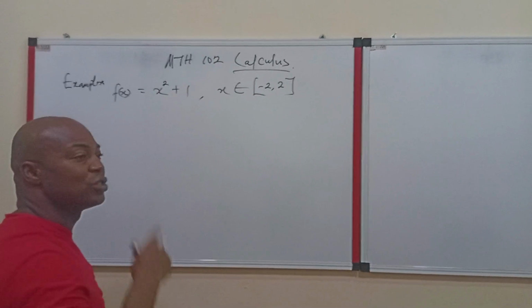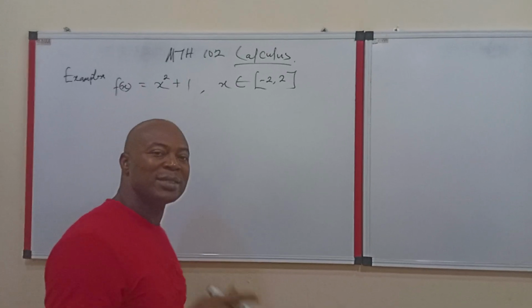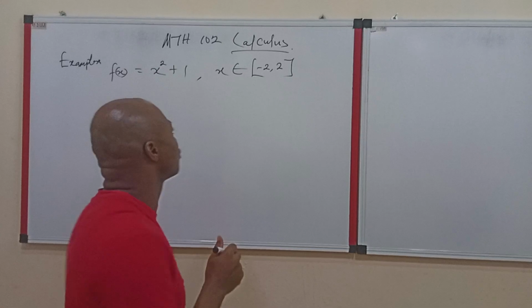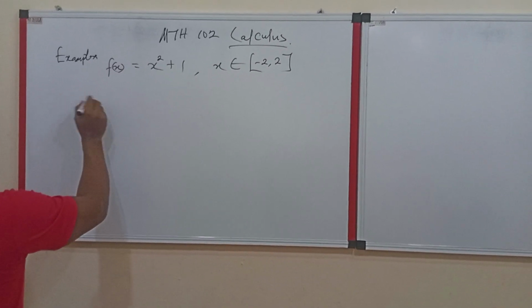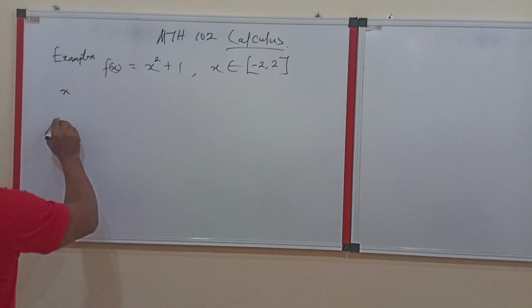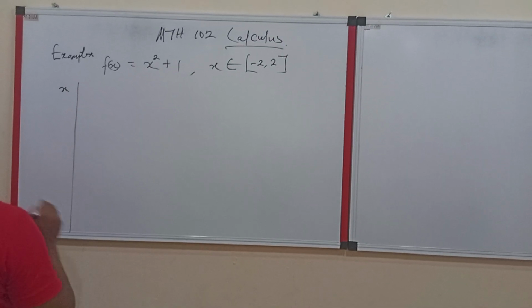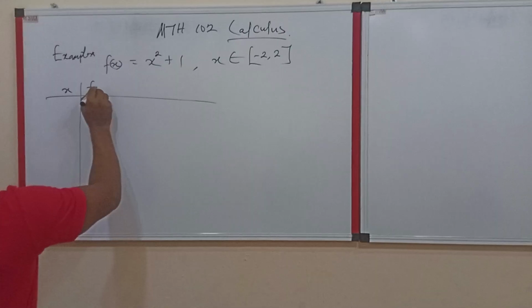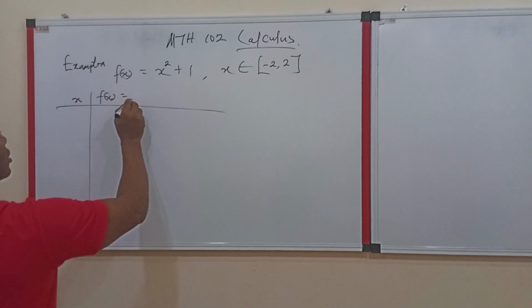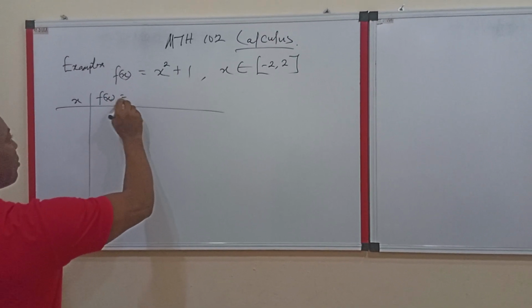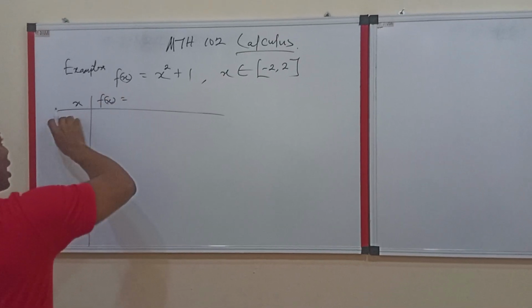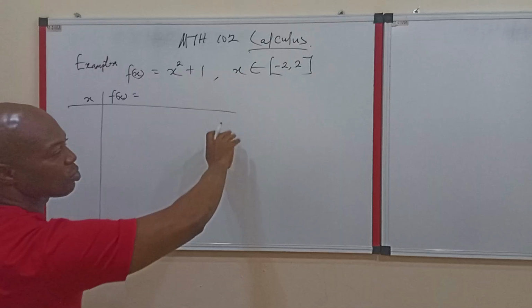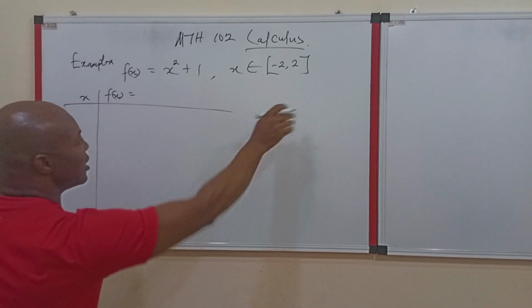So now to determine, to find the range values, how those ones will be, the way we do it, we will write x here, draw one line here, and on this side we have f of x. This one is the machine, this one is the mathematics, so this will take the value inside, then we will know what comes out, which will be the output, which is the range values.